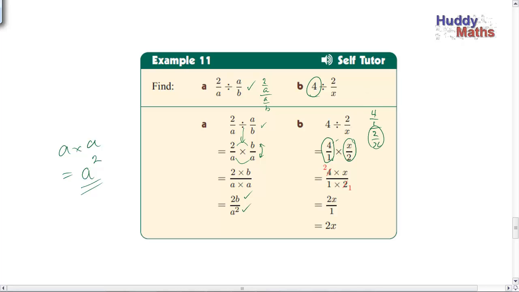And so now 4 times x over 1 times 2. Better said, I'd rather you wrote this, 4x over 2. In algebra, leave out the timesing sign, not like the book's done there. So now we can cancel 2, and 2 goes once, into 4 goes 2. Got 2x over 1, which we can just write as 2x.